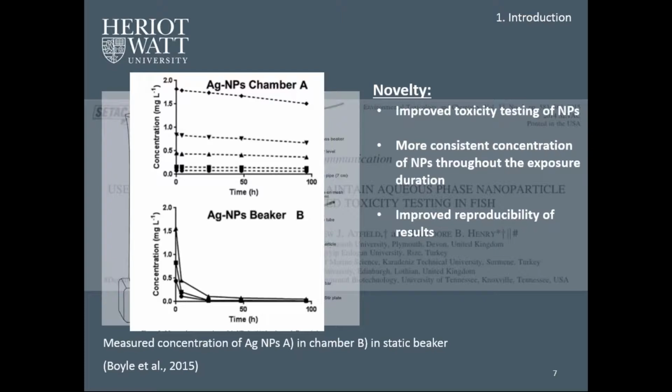So a more consistent concentration of nanoparticles was found throughout the exposure duration, and that improved the reproducibility of the results. The limitation of this study was that the beaker and the exposure chamber were set in a 2-liter beaker, which makes routine acute toxicity tests difficult, and also creates lots of waste.